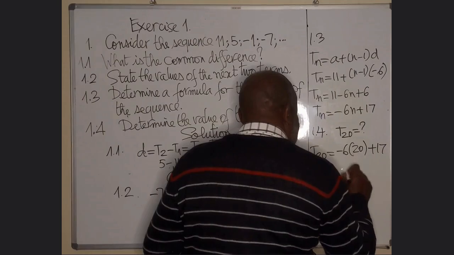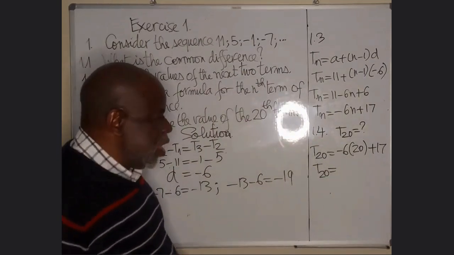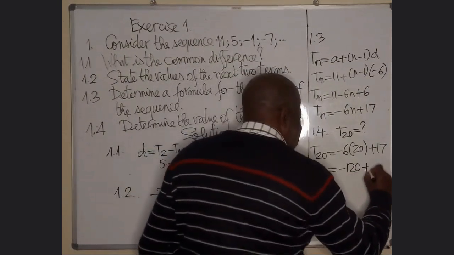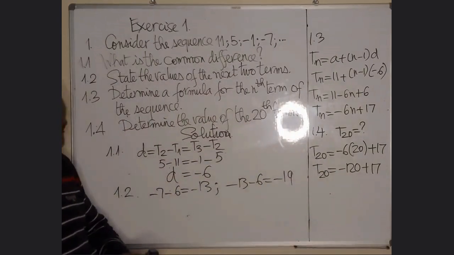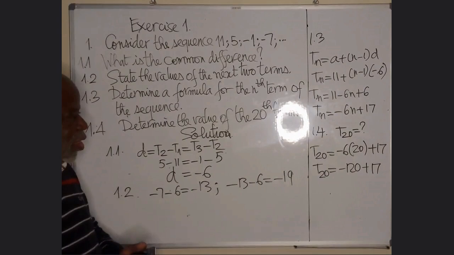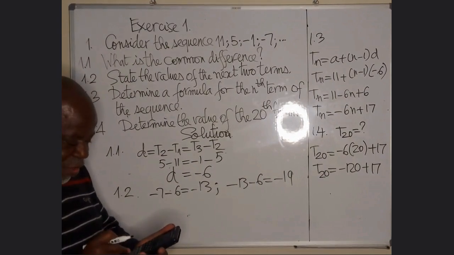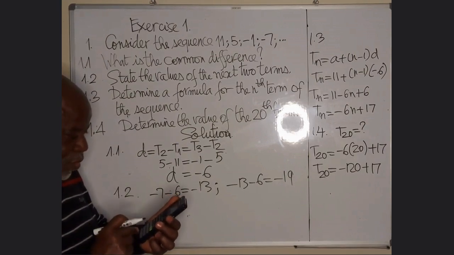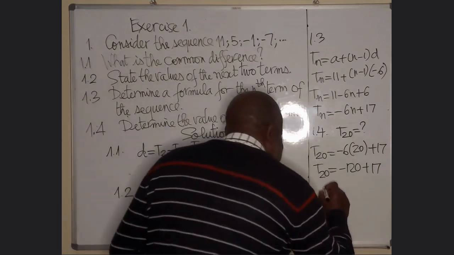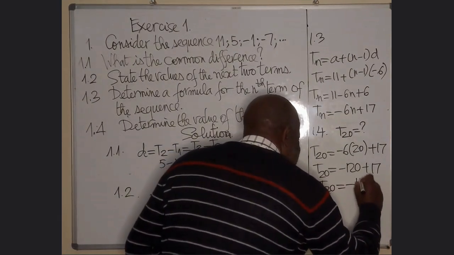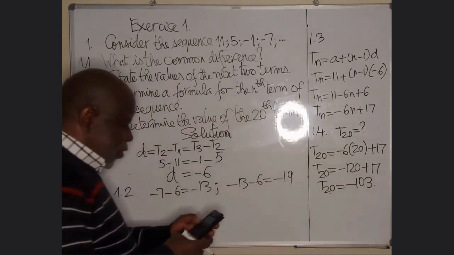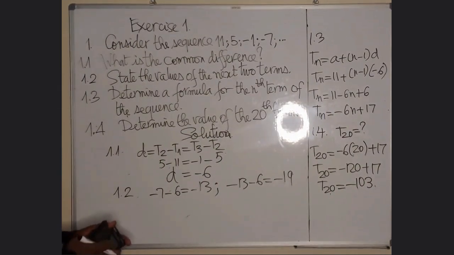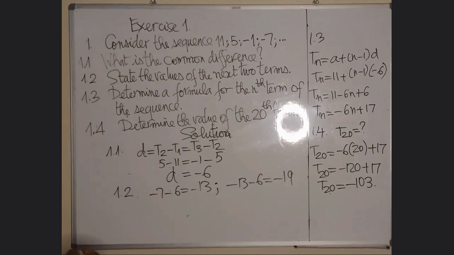T20 is going to be equal to negative 6 times 20, which is negative 120, plus 17. We take our calculator to get this value. Negative 120 plus 17, we get negative 103. So T20 will be equal to negative 103. We have practically covered this exercise 1.